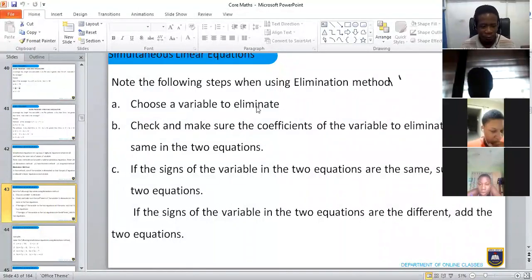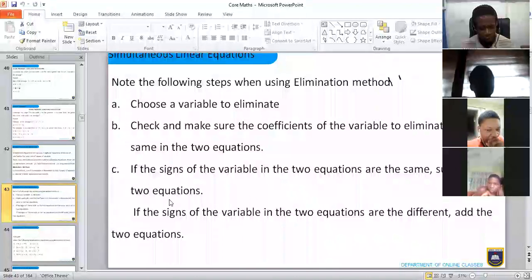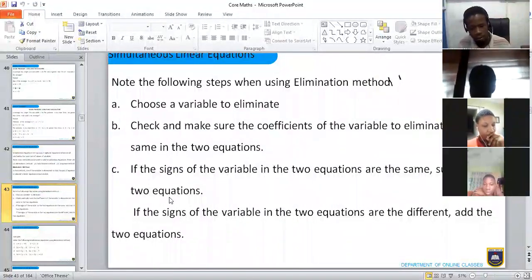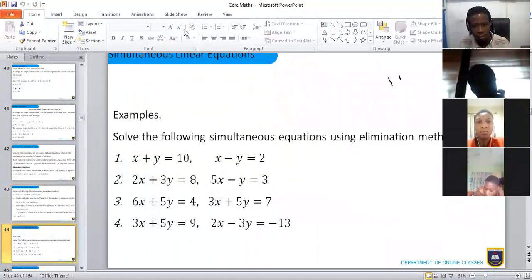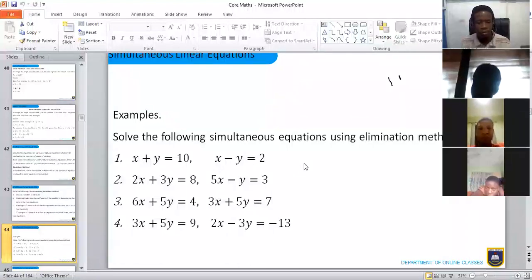Let's look at some few examples. Examples.